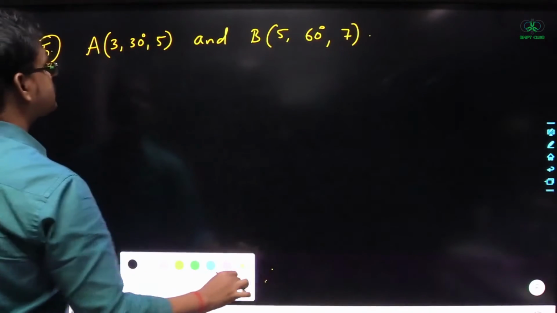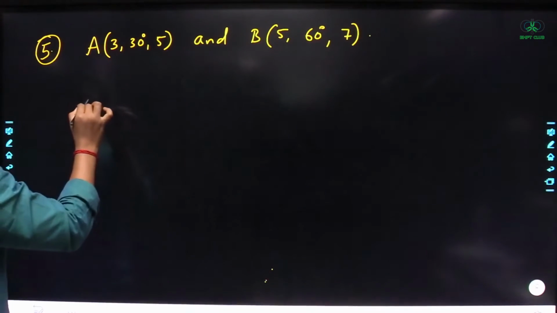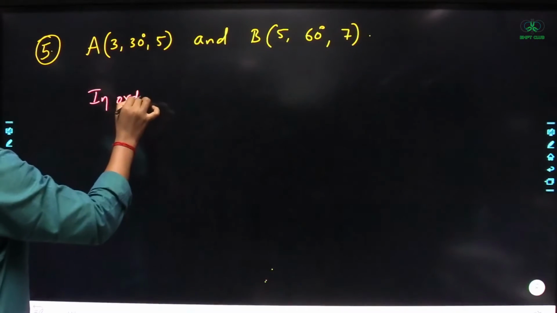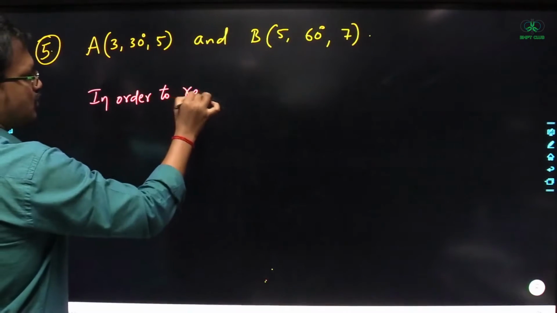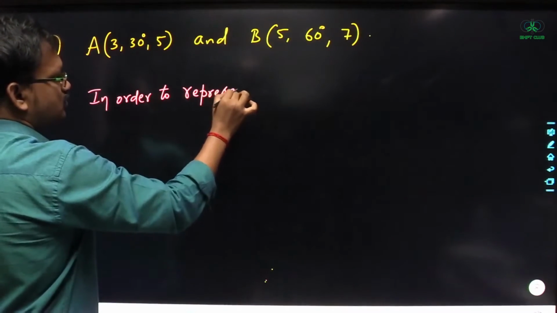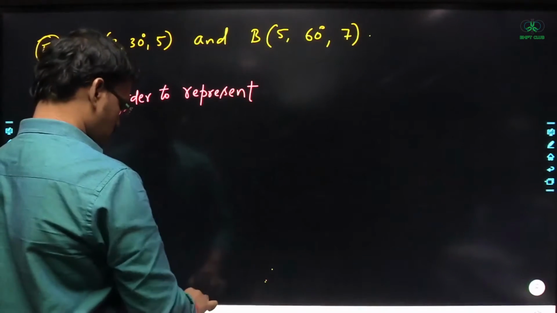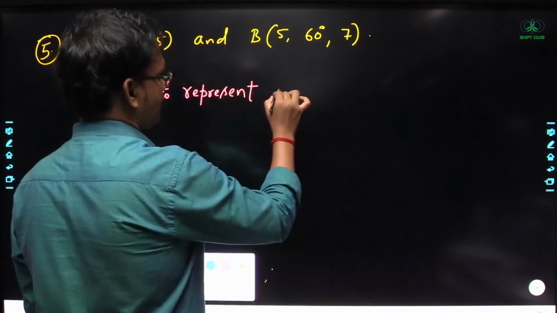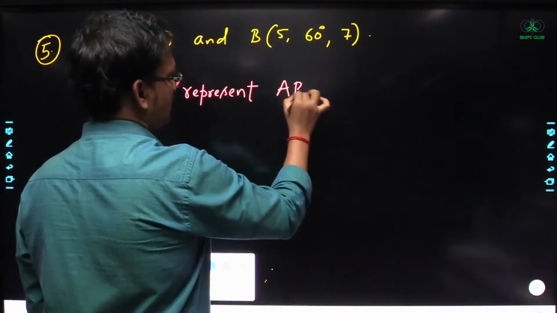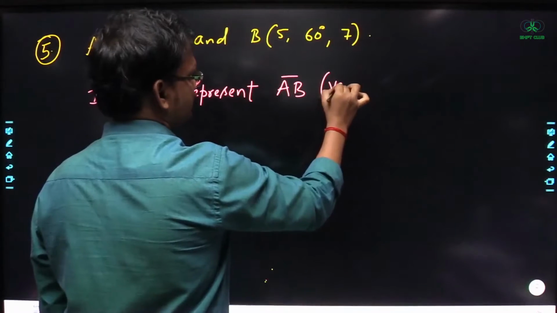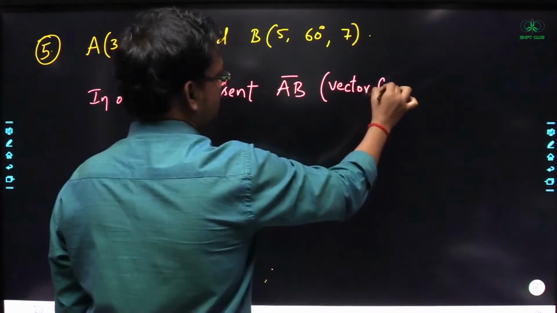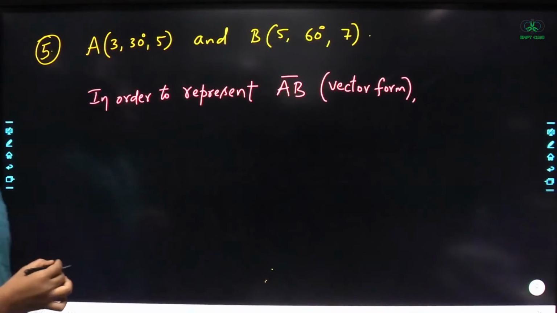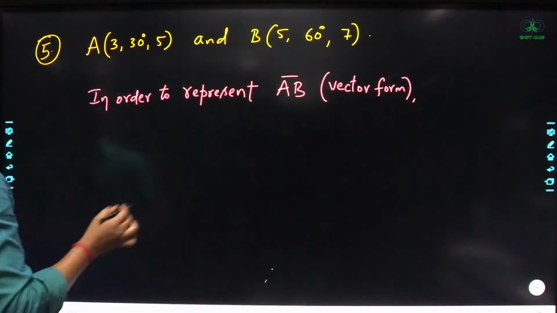Okay, so write down these conditions. In order to represent AB bar, that is in vector form, it has to follow two conditions, two conditions.